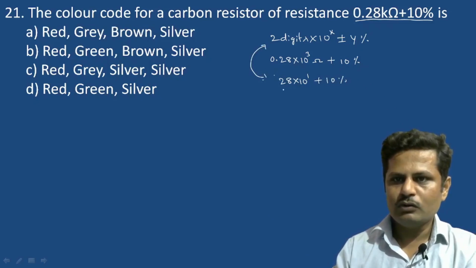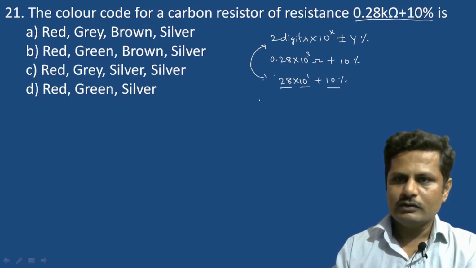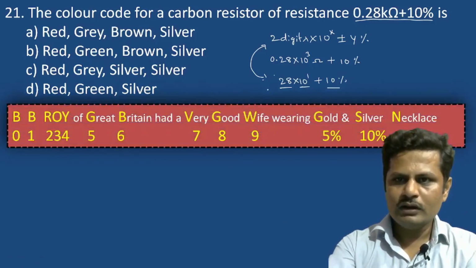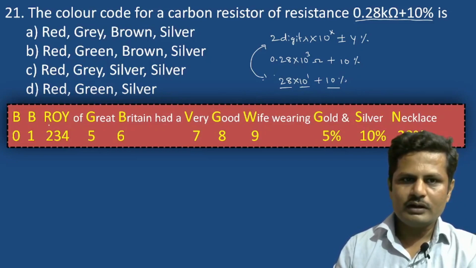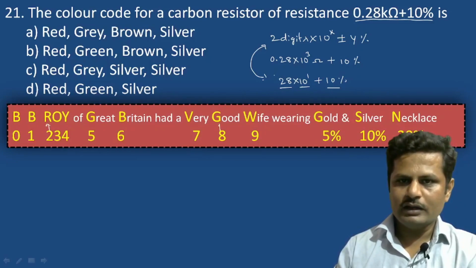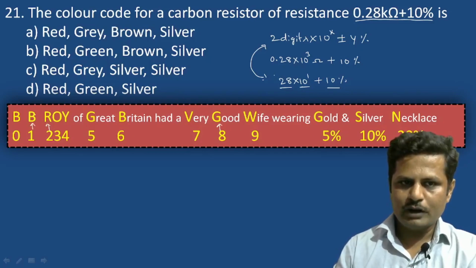You can see the 2 digits, the decimal multiplier and the tolerance. Now we can have a color for the values, that is, for 2 we have red, and for 8 we have gray color, and for 1 we have brown.